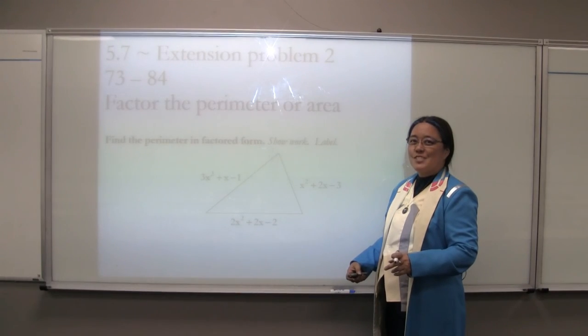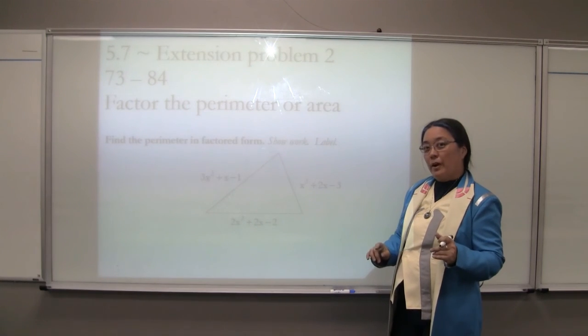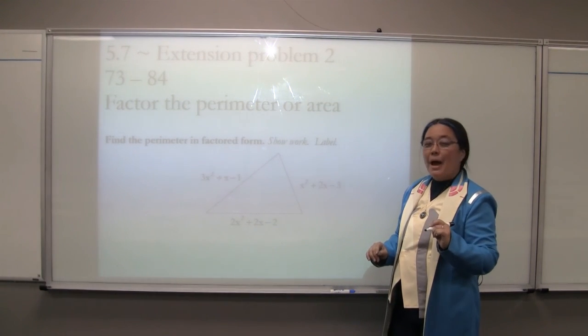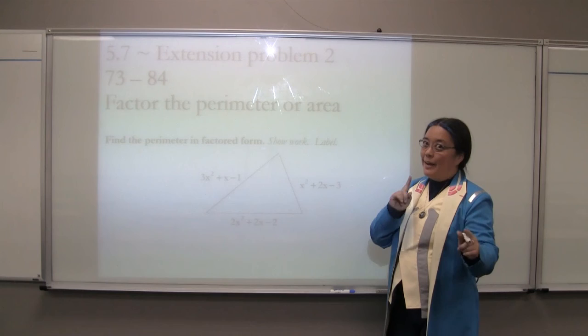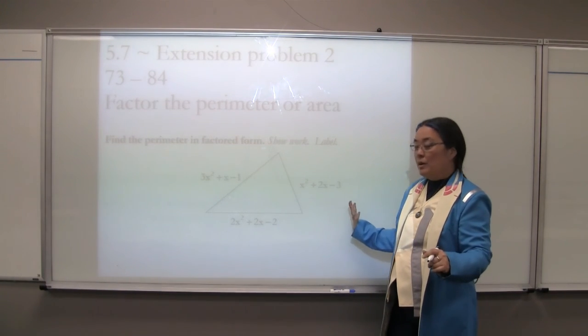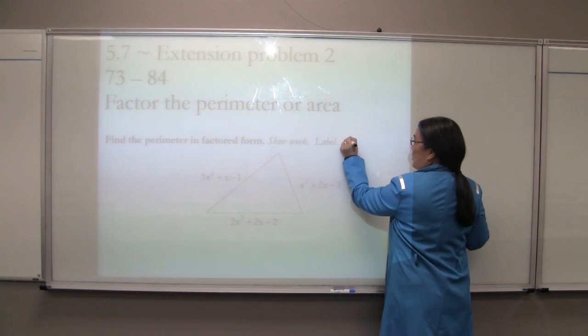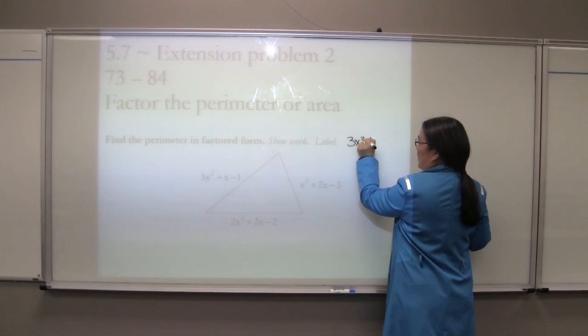Chapter 5, Section 7, Extension Problem 2. Factor the perimeter or area. If you remember, back in 5.1, adding and subtracting things, we added the perimeter. So, one of the ways we did adding the perimeter was we stacked them on top of each other.